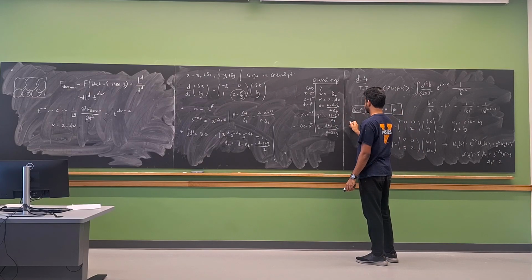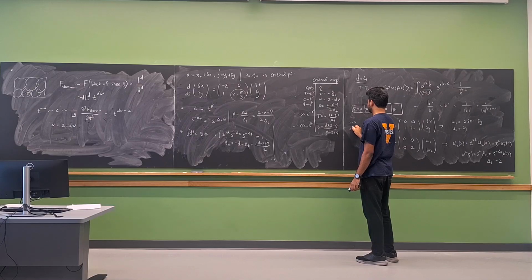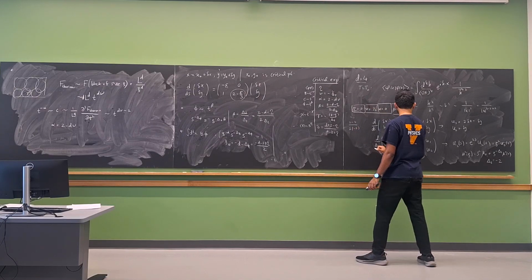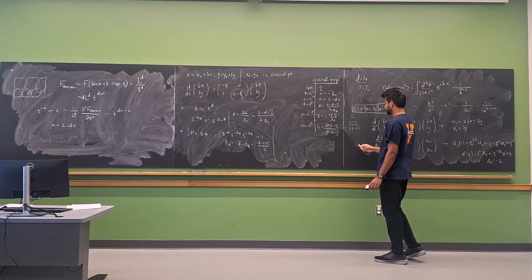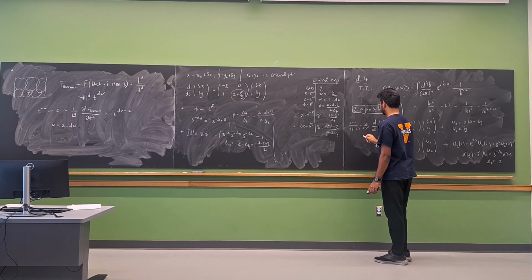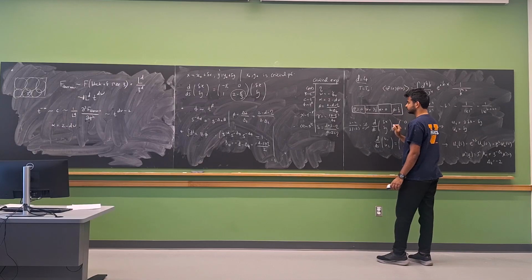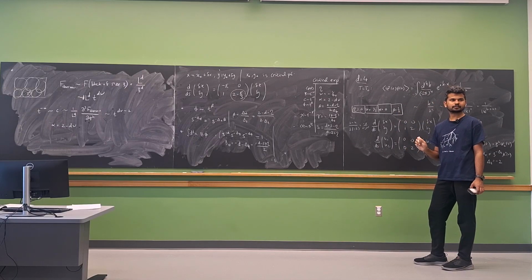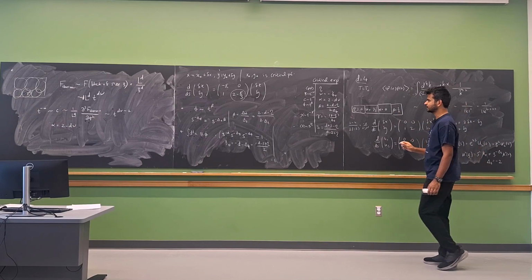Eta is 0. 2 minus 4 by 2 minus 2 gives us minus 2 by 2 minus 2 gives us 1 by 2. Plug in for gamma.